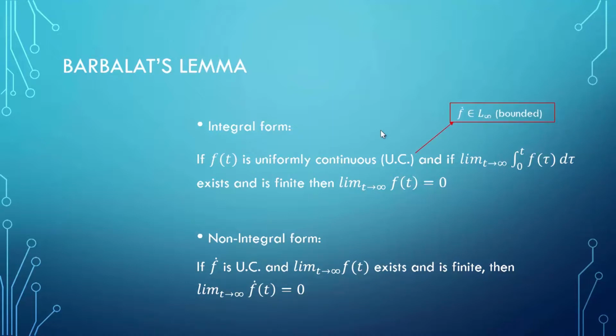So uniformly bounded means f is uniformly bounded if and only if the time derivative is bounded. Belonging to L infinity means it's bounded. The largest value is bounded.